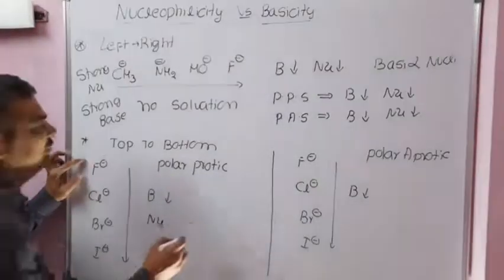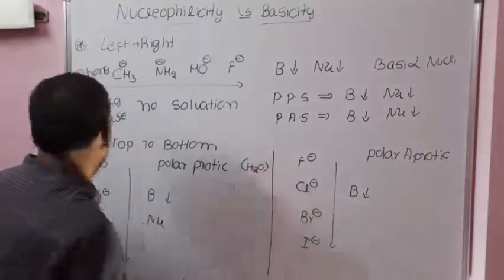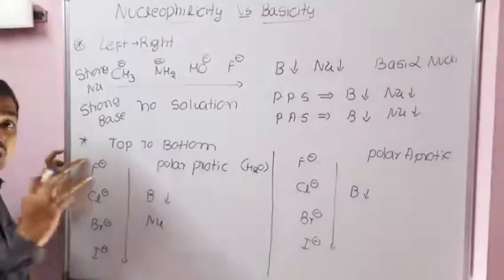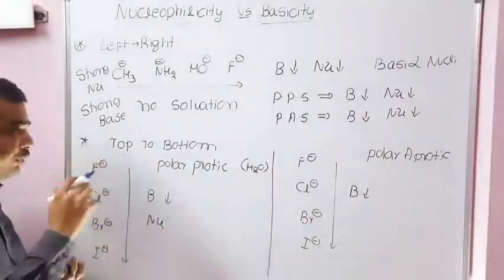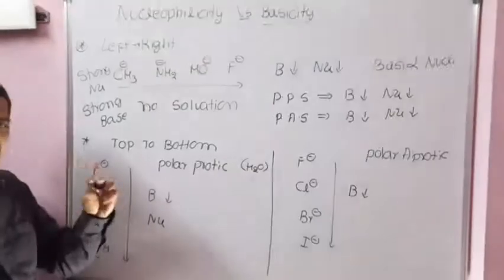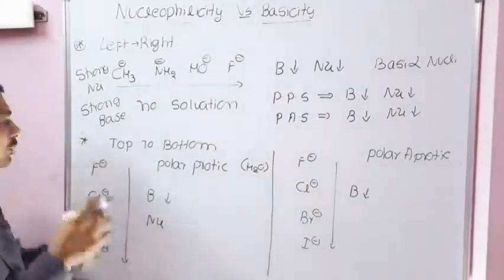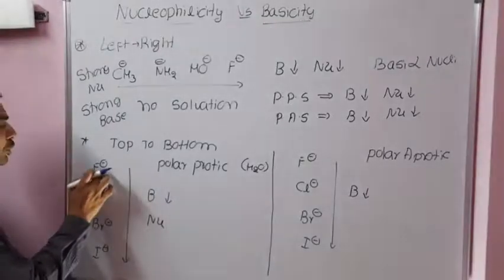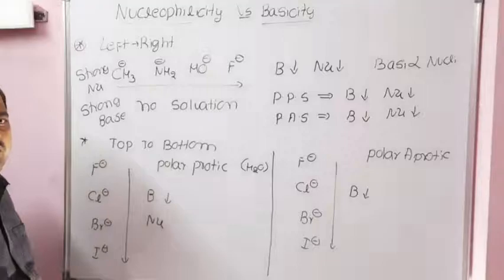Here in protic solvent, let us assume water. Since fluoride is small with more electron density, more layers are formed around fluorine in protic solvent. Iodide is big, electron density is less, so fewer layers are formed. After solvation, fluoride is bulkier and less prefers to attack an electron deficient atom.